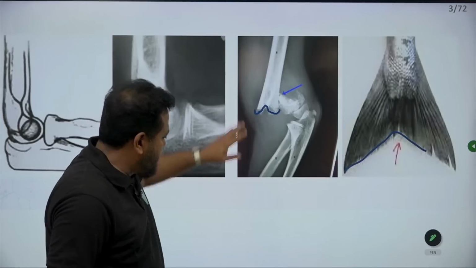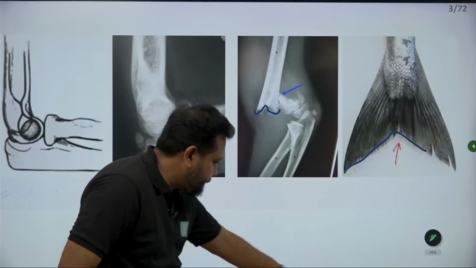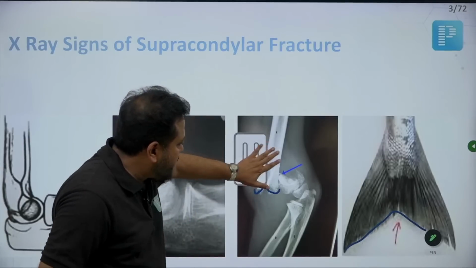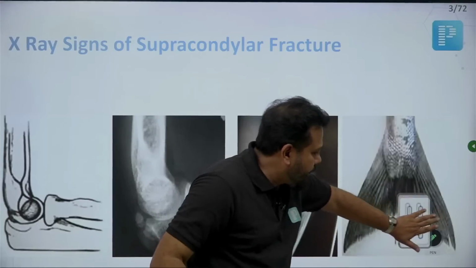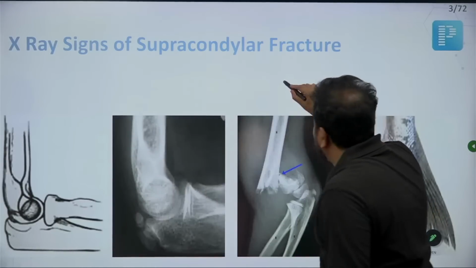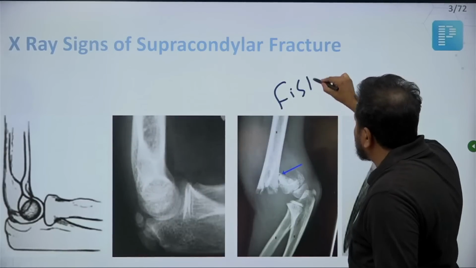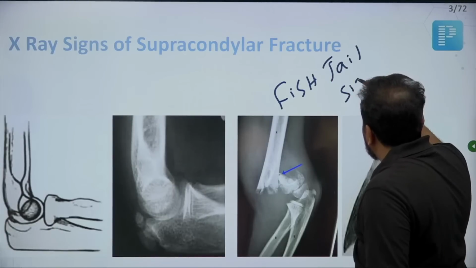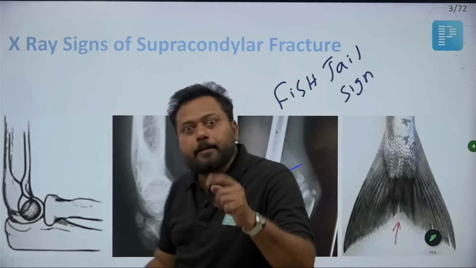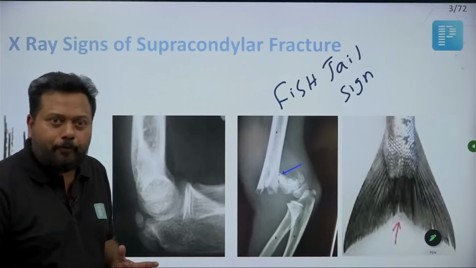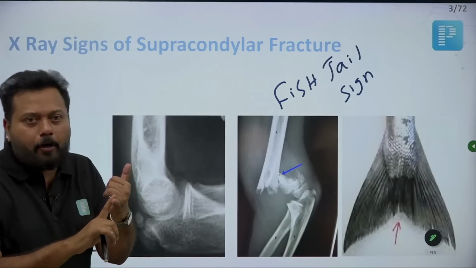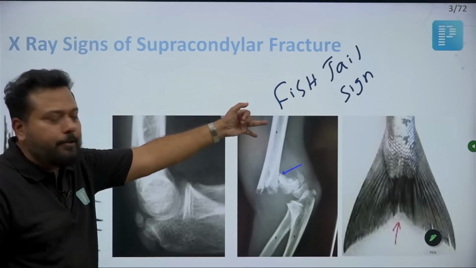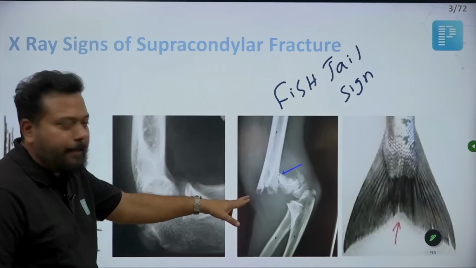So this is called a fish tail sign. The second radiological sign of supracondylar fracture, a beautiful sign. One is the normal teardrop sign, disturbed. Number 2 is the fish tail sign.